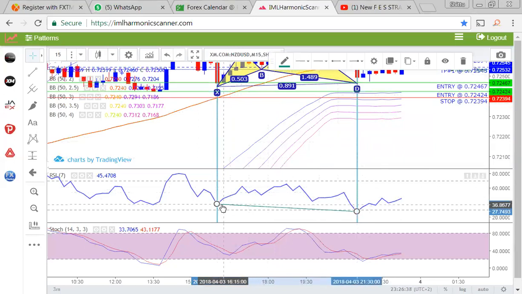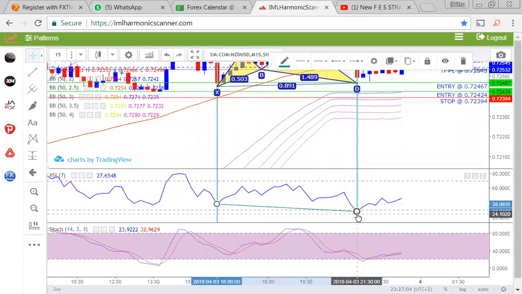Now, this line I'm moving my cursor on is the RSI line. So from the point where this RSI line touched the straight line, I dropped my trend line and drew it to connect with where the RSI touched on the D candle line.